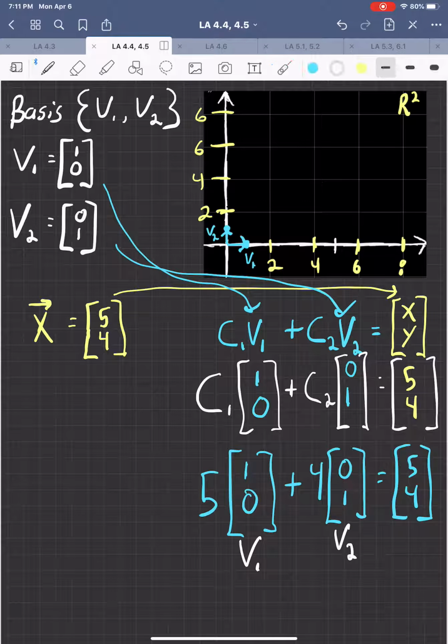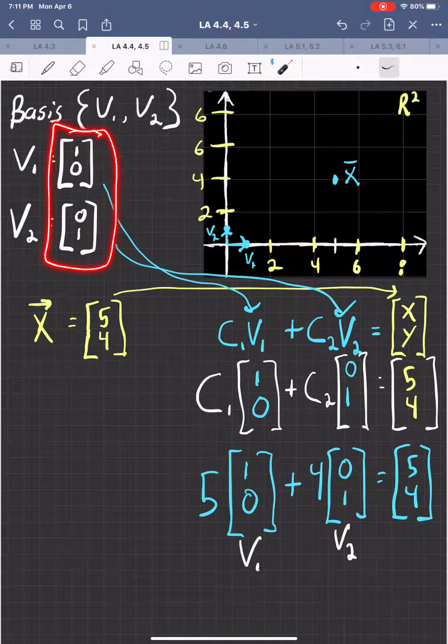Now, of course, even a child can just navigate this XY coordinate system by moving to the right 5 and up 4, and there's their x. Now I want you to imagine something for a second. Let's assume that instead of having our basis vectors as 1, 0, and 0, 1, which I'm going to give a name in just a second, this form of a basis.